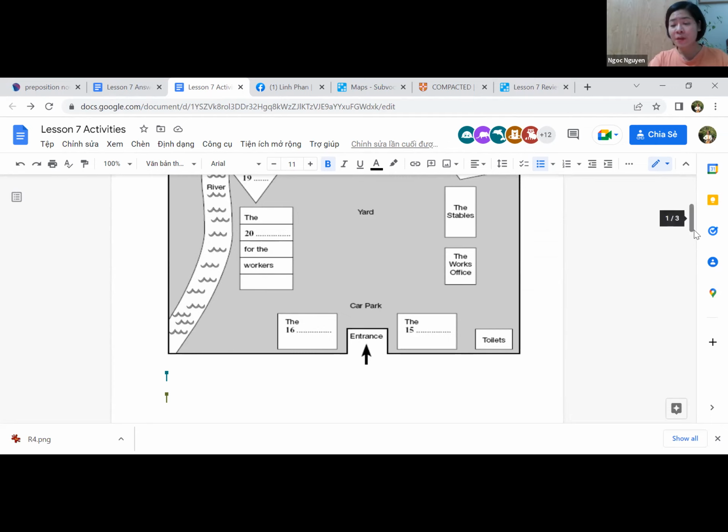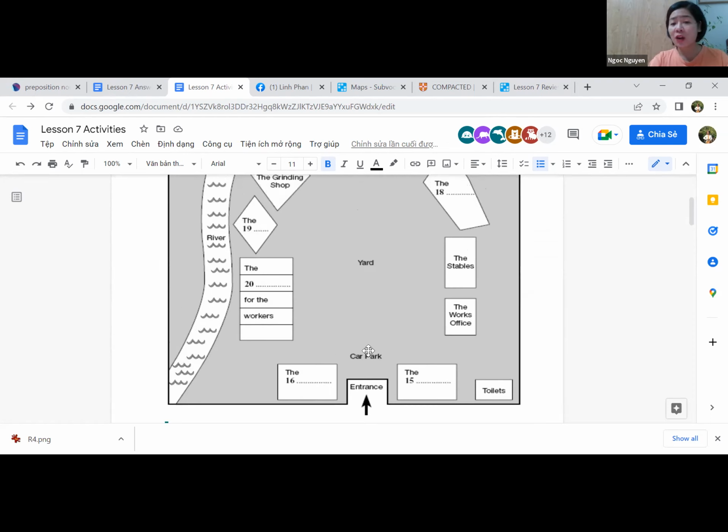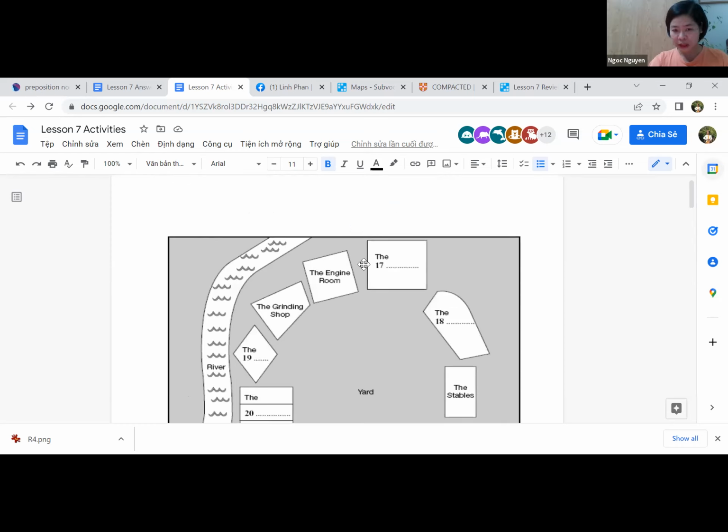No, the information will follow the numbers, so you will need to go beyond the car park, a very long way past the yard in the middle, and go up to the top to 17. It's very far from where you are, but it talks about 17 after it talks about 16. That's why you need to be familiar with where things are.